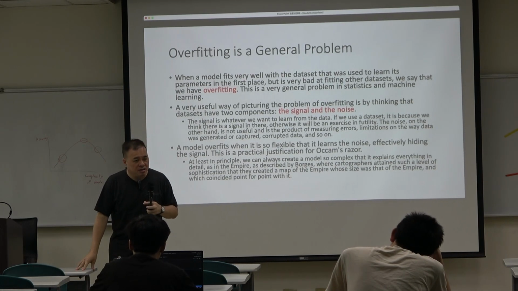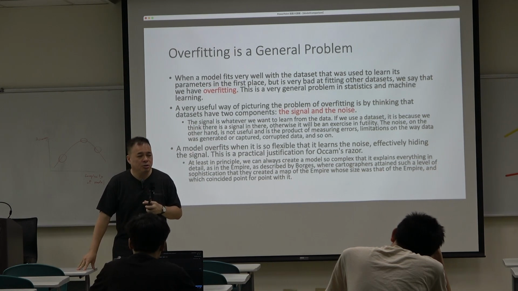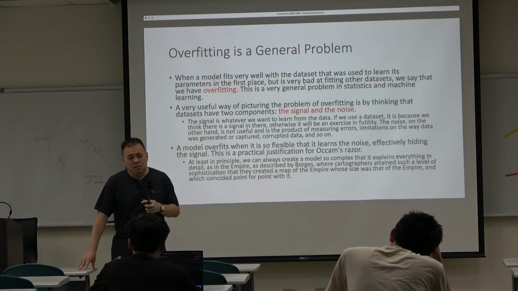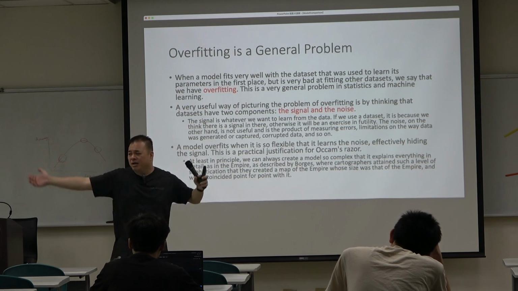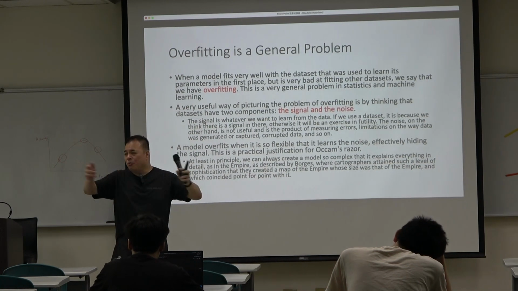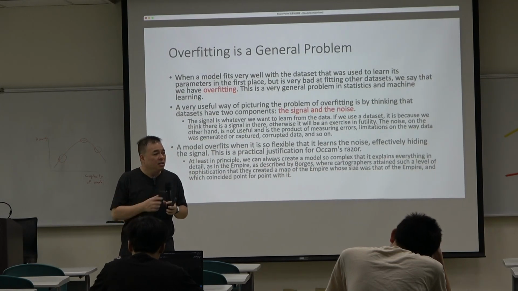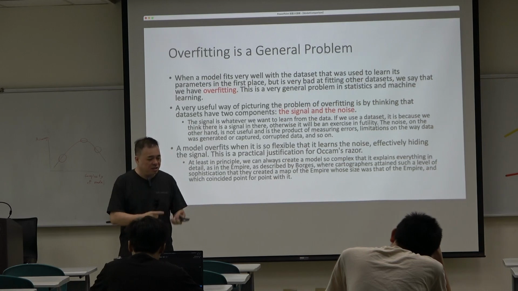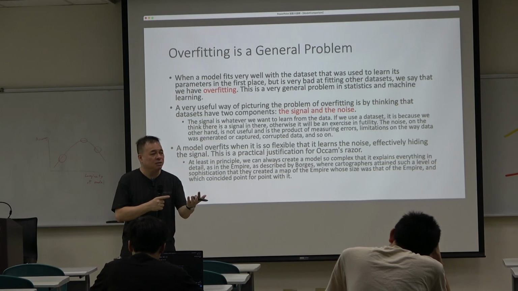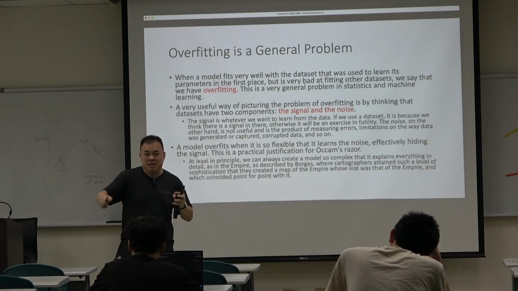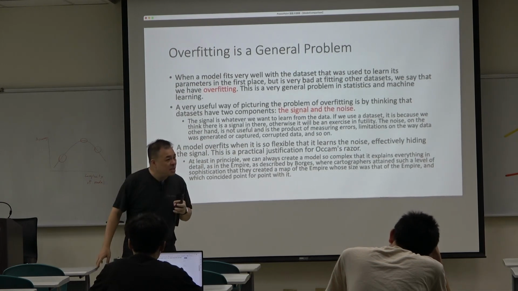So let me ask you this. If you have such a map, is it going to be helpful? No, it's too big, right? Nobody uses such a big map for direction. If you have a map of reasonable size, you can use that for correct direction. But if you have a map as big as this house, can you use that for direction?